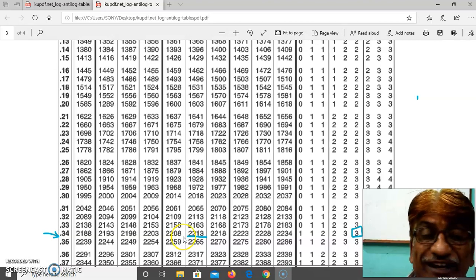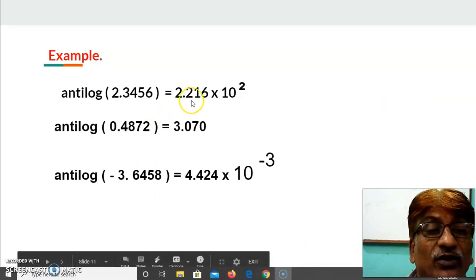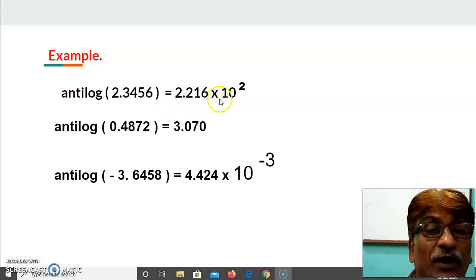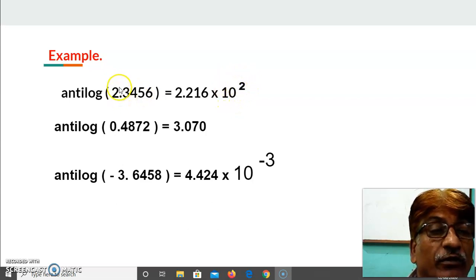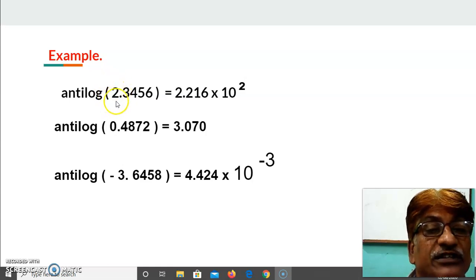So we can write it as 2.216 into 10 to the power 2. Why is this 2 there? Because, see here, before the decimal point 2 is given.